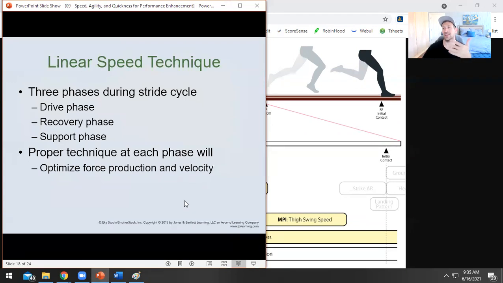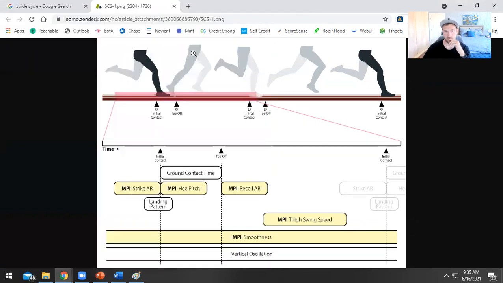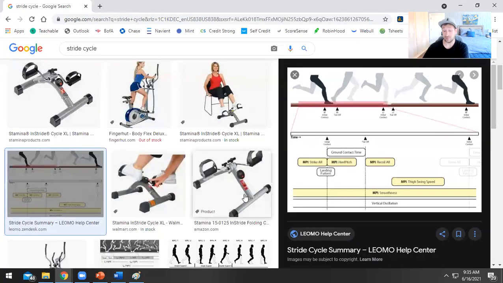Sorry, not plant phase. They call it support phase at NASM. Drive phase, recovery phase, support phase. Driving, recovering, supporting, repeat. So that is what we look at, and we want to analyze that.